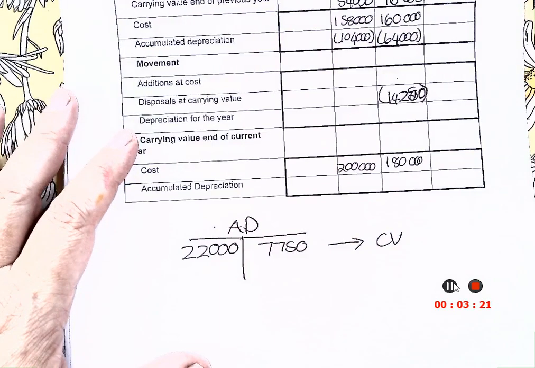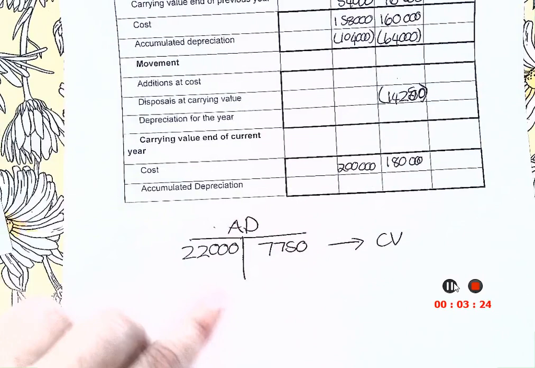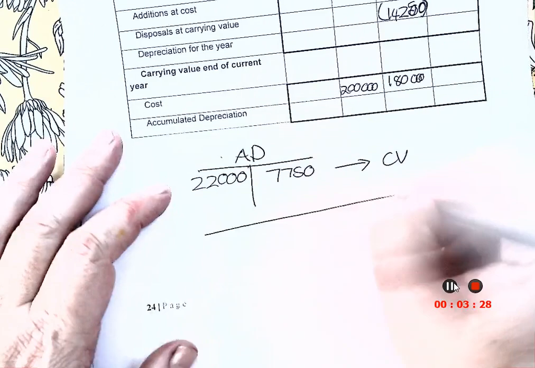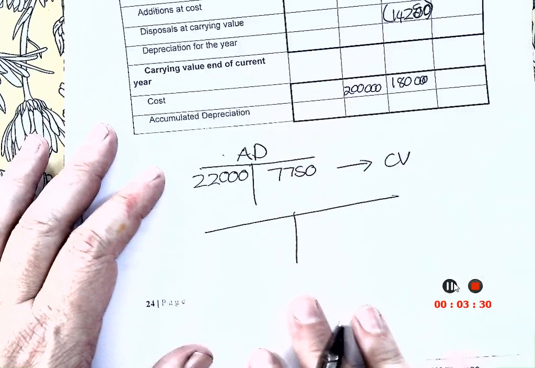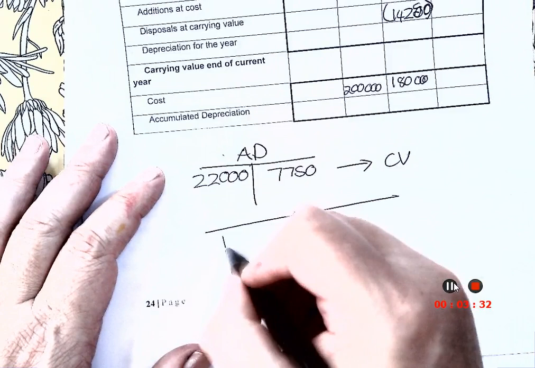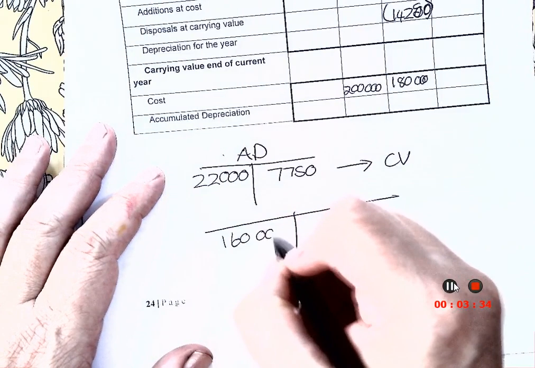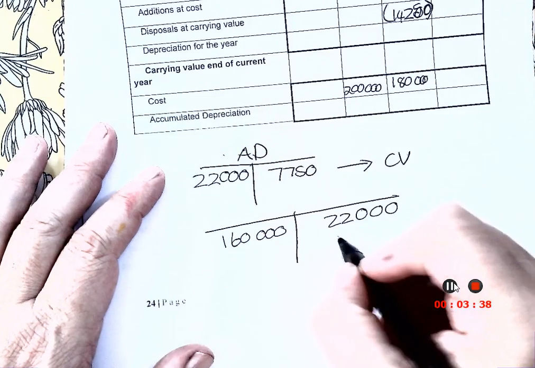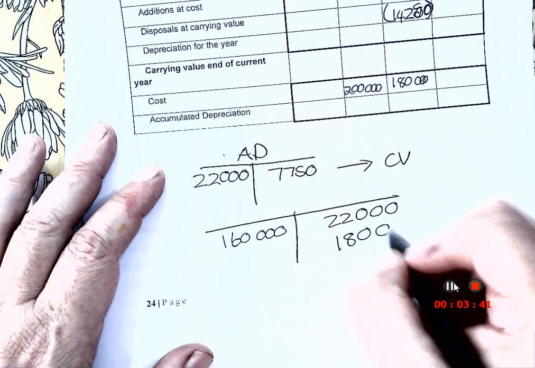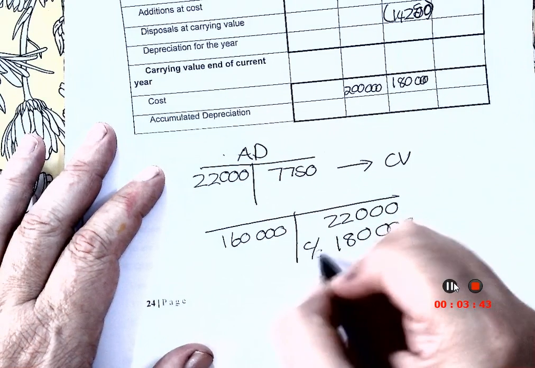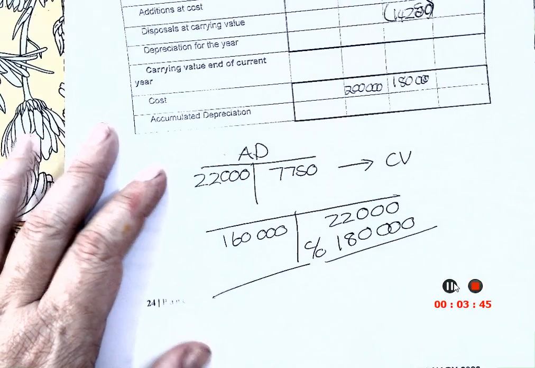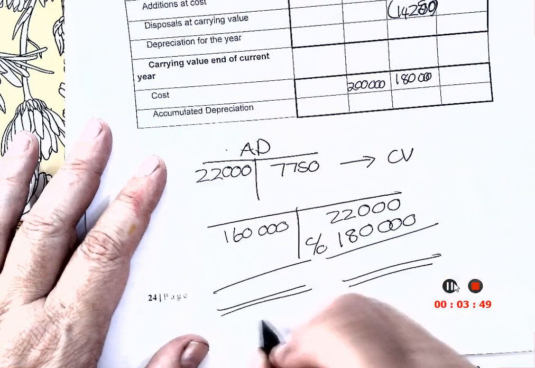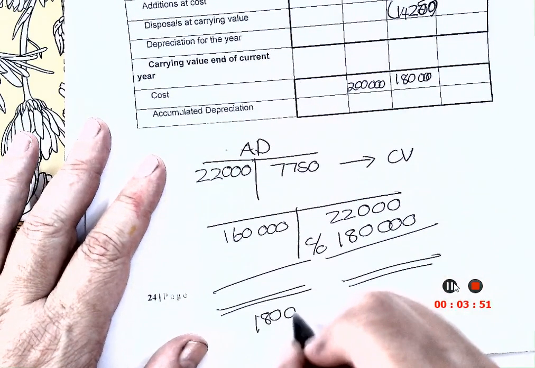Okay, now, what did I buy? Now let's quickly think. If I do an equipment T account, I started with 160. I sold 22. I ended with 180. Can you see your closing? You always work with the closing, because you know on top of the thing, if you do more on top of the thing, it has to balance.